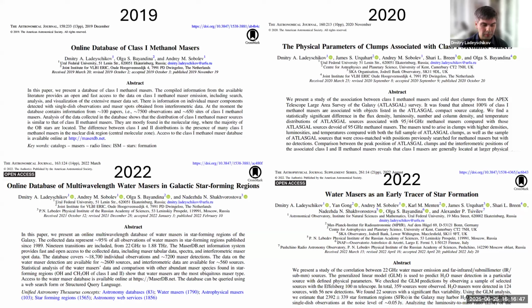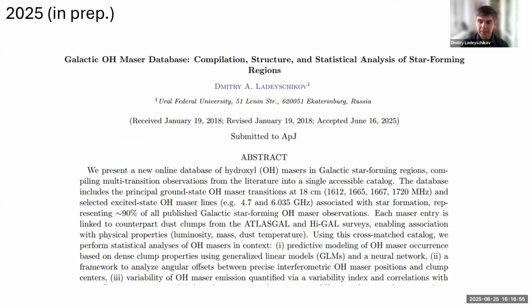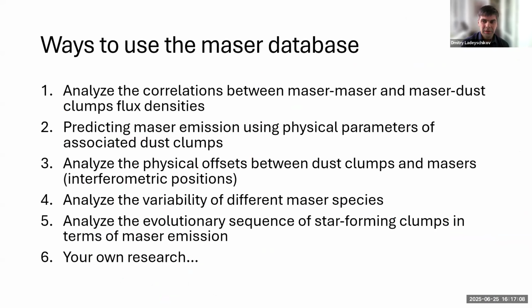And also in 2022, we used the water maser database to do extensive statistical research. And currently, the paper for OH masers is being prepared. So what you can hear in this presentation is likely to be included in this paper. So please stay tuned.